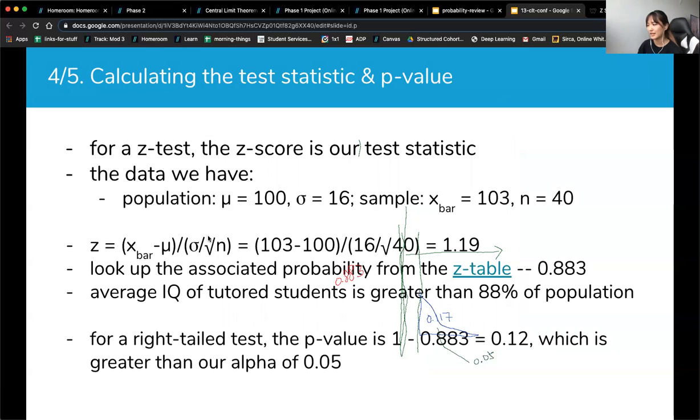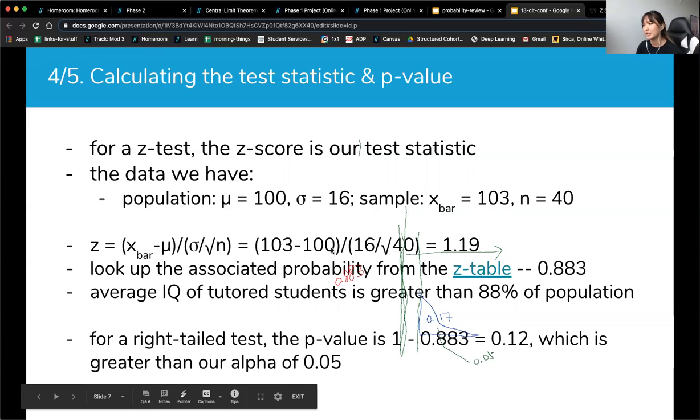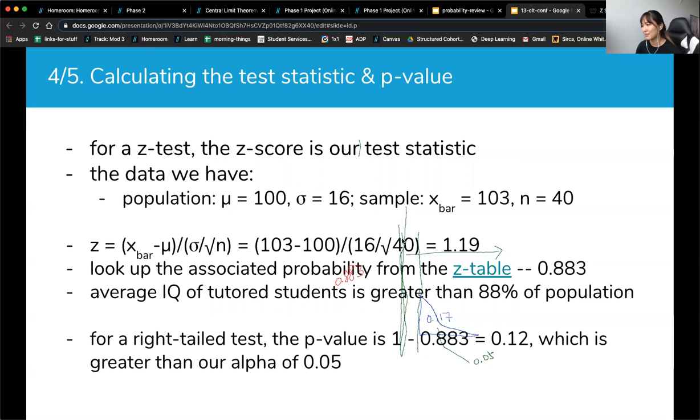It does make sense, because if you had one person and this was not being divided by this value, your z-score would end up being 3 out of 16, right?